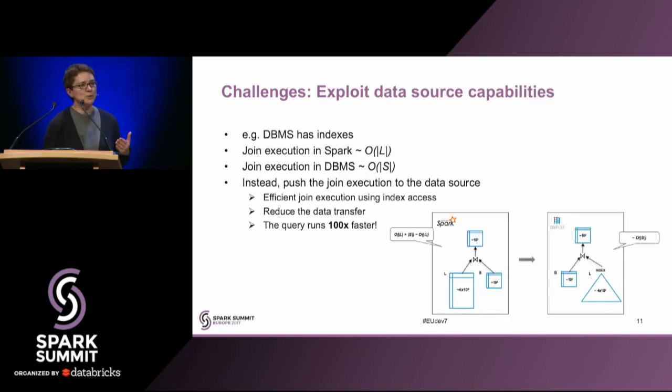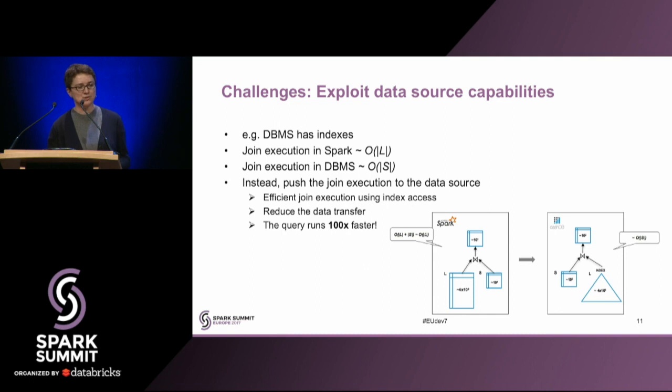Another challenge is to exploit the data source capabilities, for example, the indexes defined on the tables that reside in a relational database. In this example, the database has an index on the larger table. The join execution in Spark approximates the time to read the larger table.